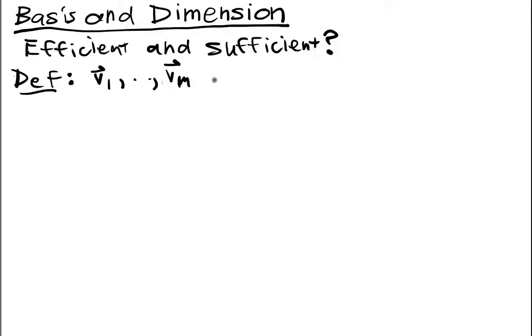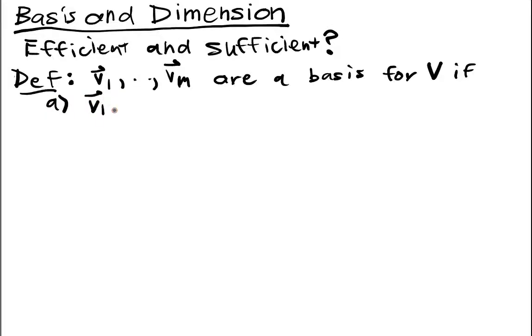So we say v1 up to vm are a basis, or form a basis, for some subset V if the first condition is that v1 up to vm are linearly independent, so they're efficient.